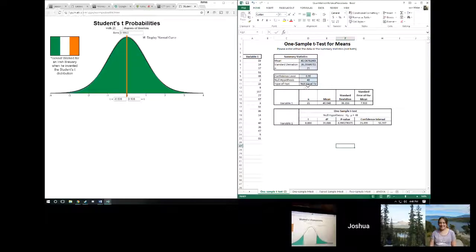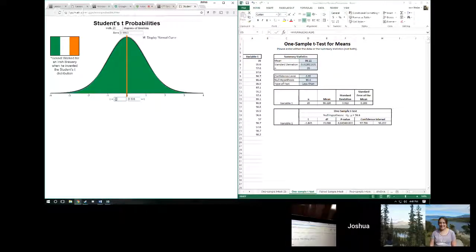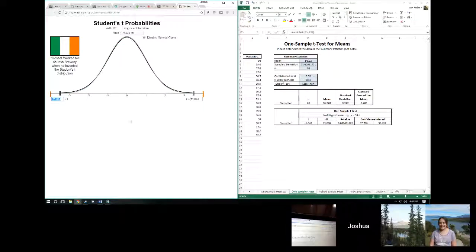If it's not equal to, you select everything on the outside. If it's greater than, you select everything greater than the t-value. If it's less than, you select everything less than the t-value. If you go back to the body temperatures, the t-value that we got was negative 1.843.